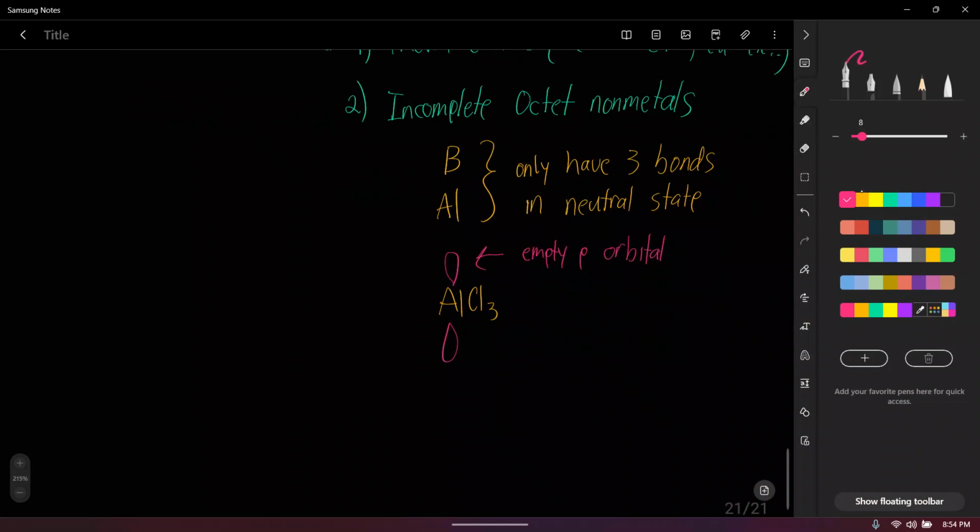So if you have something like a really common one, BF3, there's a giant empty p orbital right there. And that giant empty p orbital is what makes BF3 very good at taking electron density from something, at taking electron lone pairs from something.